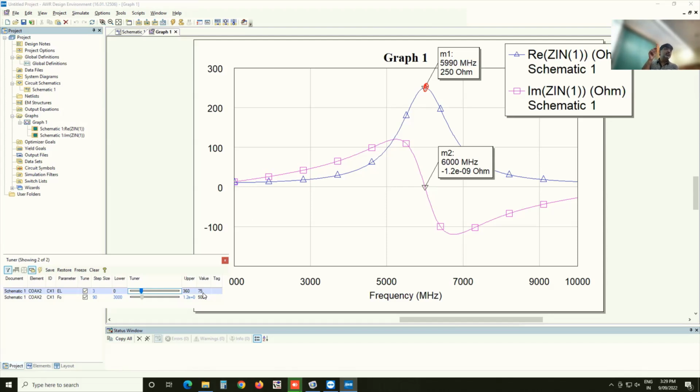Beta is related to omega. So depending on the frequency at which you want to calculate, you calculate the corresponding value of beta. So that's why it's combining wavelength and frequency together, right? That will give you a constant thing.